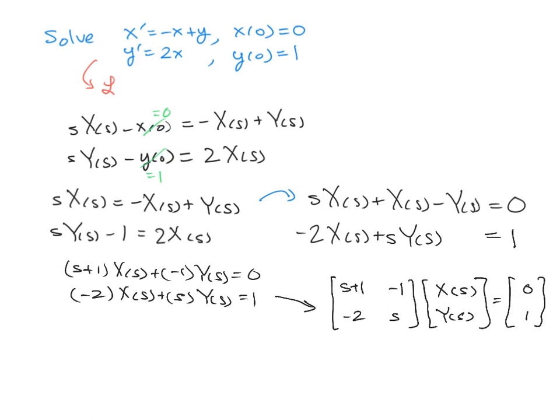And so we have this written again as a 2 by 2 matrix times a 2 by 1 column vector is equal to a 2 by 1 column vector.